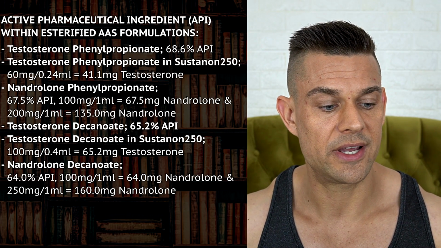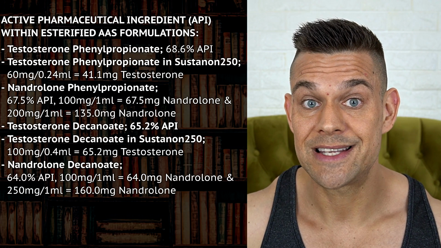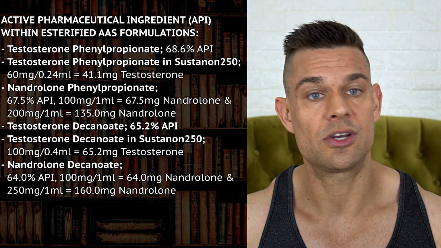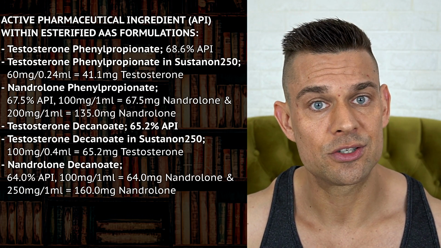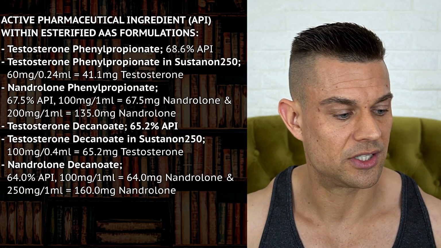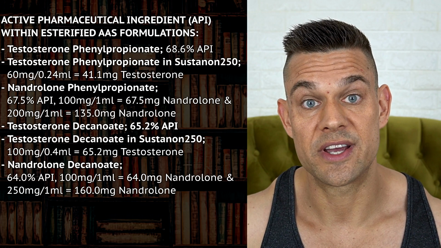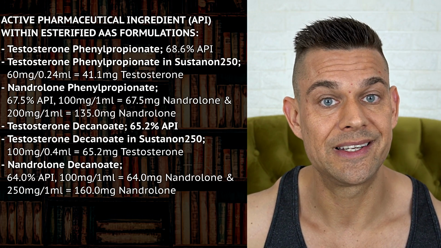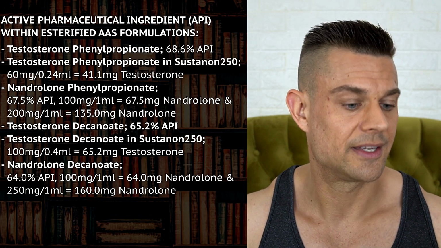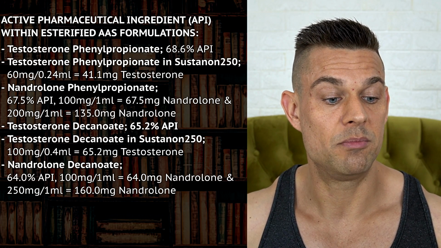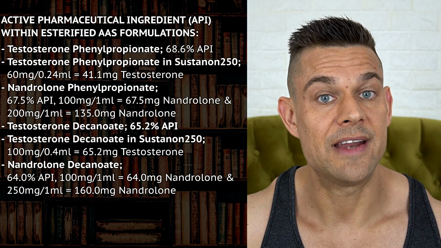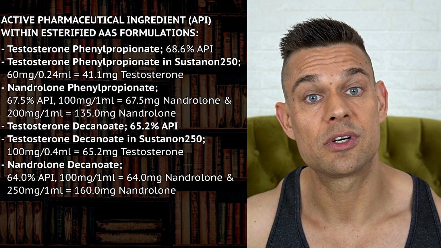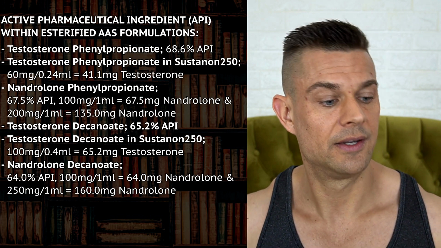Now, nandrolone decanoate, 64% actual nandrolone. That means 100 milligrams per 1 milliliter is only 64 milligrams actual nandrolone in a nandrolone decanoate formulation. And of course, the underground scene also has 250 milligrams per 1 milliliter nandrolone decanoate. And that would give you 160 milligrams actual nandrolone, which is very close to 1 milliliter of nandrolone phenylpropionate dosed at 200 milligrams per 1 milliliter.